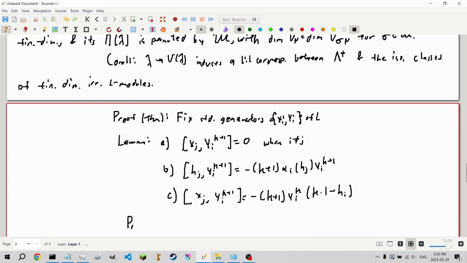And the proof of this lemma, part A, is just that alpha j minus alpha i is not a root for j not equal to i.